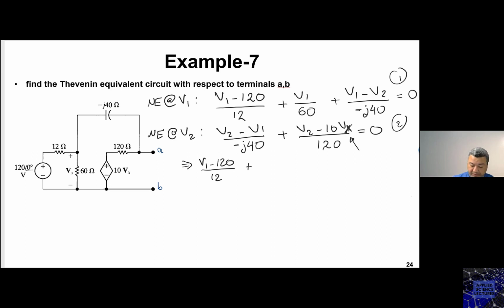So let me multiply equation number 1 by 120. What do I get? I get 10 (V1 minus 120) plus, if I multiply by 120, 60 is going to cancel, so I end up with 2V1.